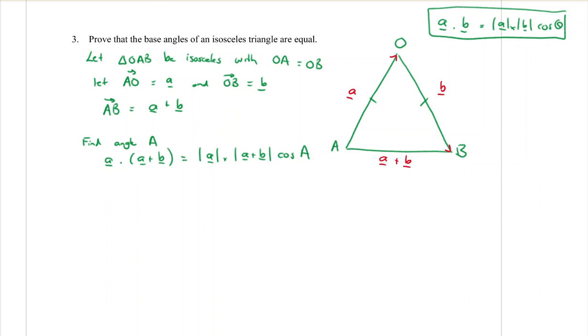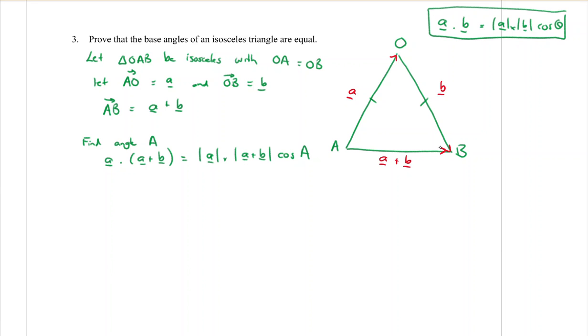The other thing that I probably should have mentioned, just check that your vectors were going the right way. Remember when you're using that formula that the vectors need to be tail to tail, which they are for that first one, tail to tail, which was also good that I turned that vector around so that they were tail to tail. And I have my first formula. I can expand the left-hand side out.